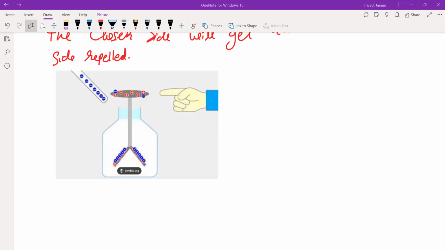So what will happen there? Then the top and bottom will repel, I guess. Okay, no. Then let me show you one more picture. Do you know the name of this thing?